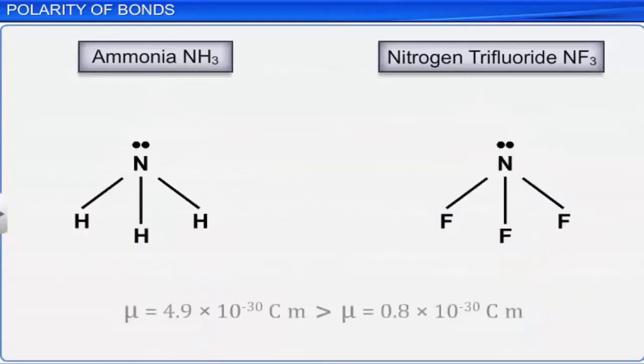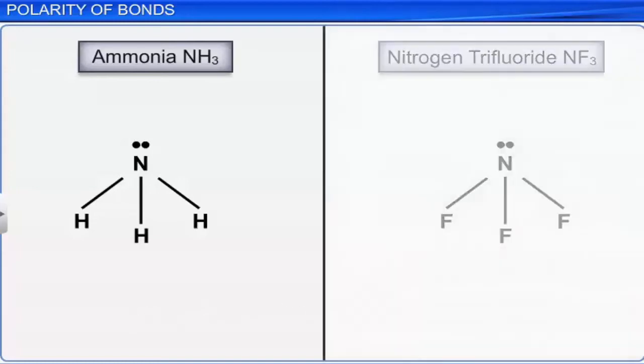But the dipole moment of ammonia is greater than that of nitrogen trifluoride, though fluorine is more electronegative than nitrogen. There is an explanation. The dipole moment of ammonia is 4.9 times 10 to the power of minus 30 coulomb-meter, while that of nitrogen trifluoride is 0.8 times 10 to the power of minus 30.